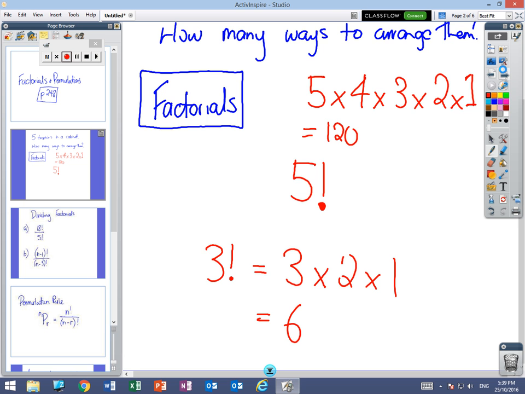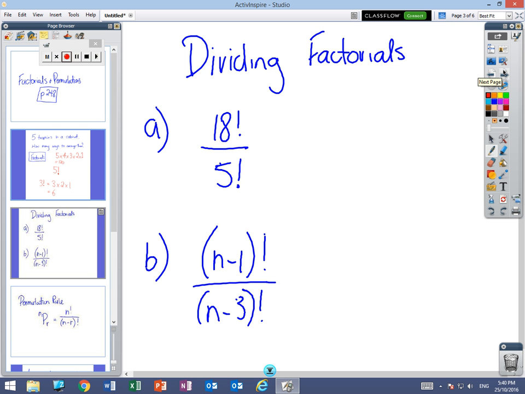Now, we can also divide these. I might do a simpler example to start with. If I said 4 factorial divided by 2 factorial, and I wrote this out in full, we'd end up with 4 times 3 times 2 times 1 divided by 2 times 1.